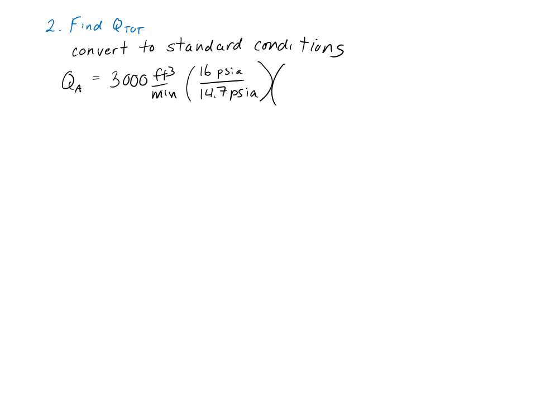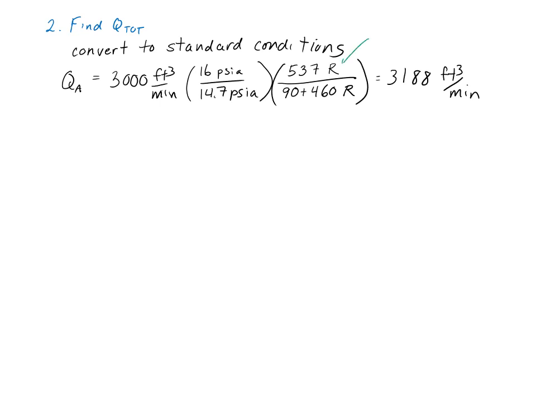We're given temperature in degrees Fahrenheit, and so just like with Celsius, we go to an absolute scale of Kelvin. With Fahrenheit, we go to an absolute scale of Rankine. Standard temperature in Rankine is 537, and the actual temperature was 90 degrees Fahrenheit. To convert that to Rankine, we add 460. This gives us 3,188 cubic feet per minute.